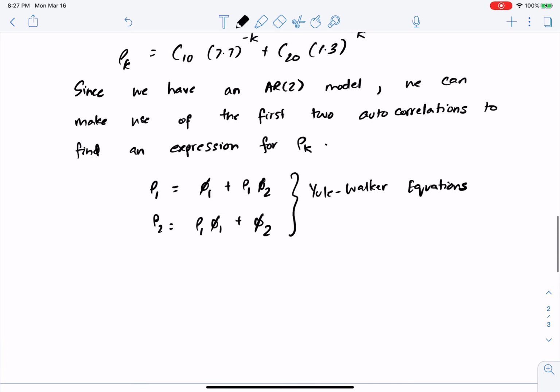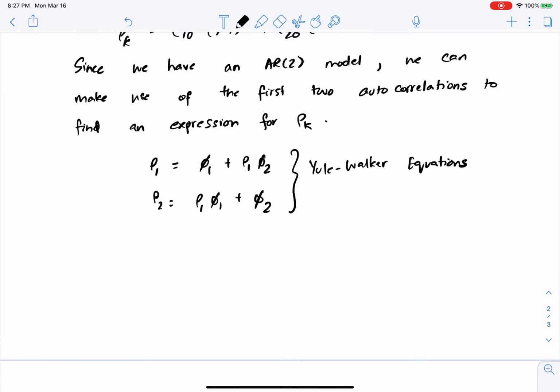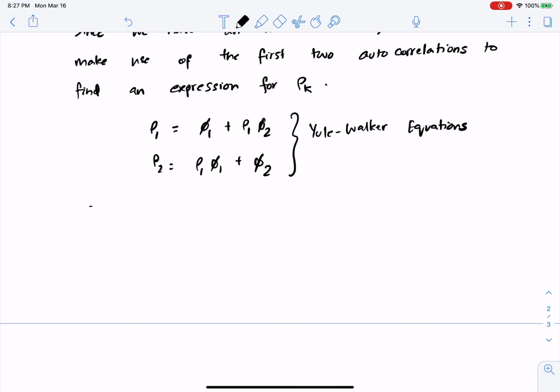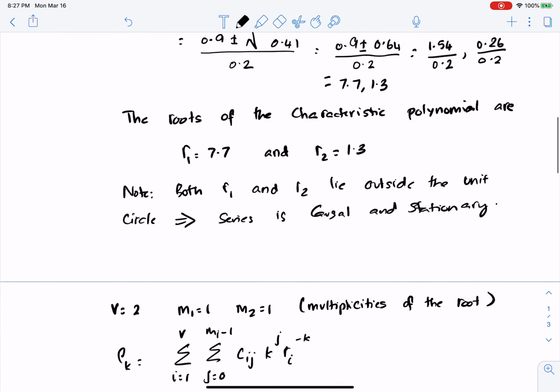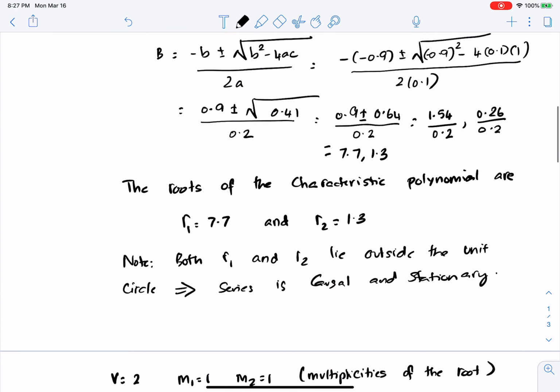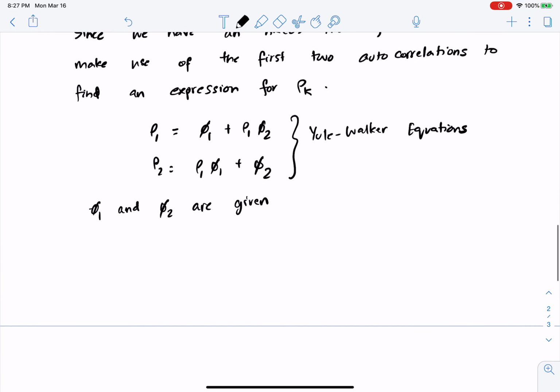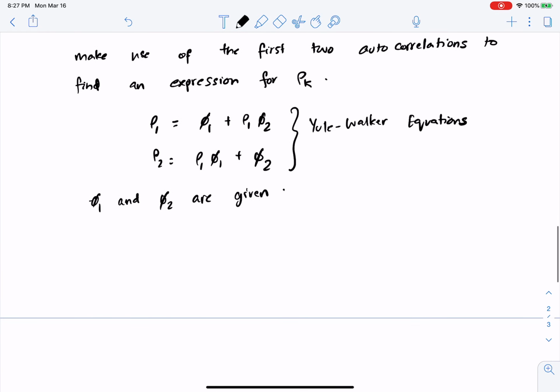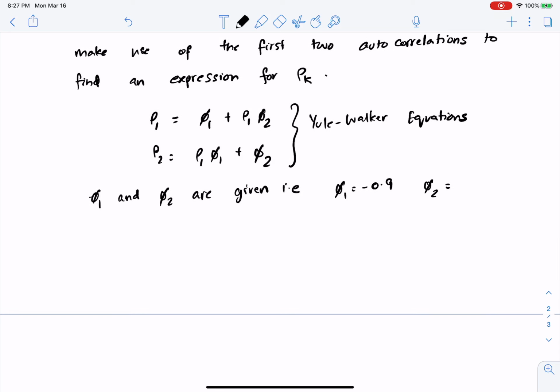And we have the values of phi1 and phi2. In our question, phi1 was negative 0.9 and phi2 was 0.1. So this would imply row 1 would equal phi1, negative 0.9, plus row 1 times phi2, which is 0.1.